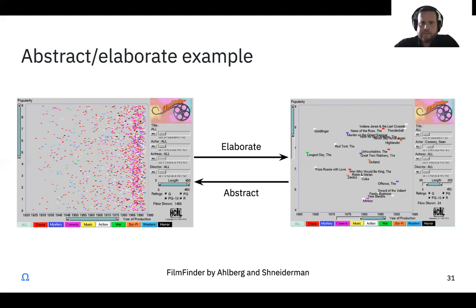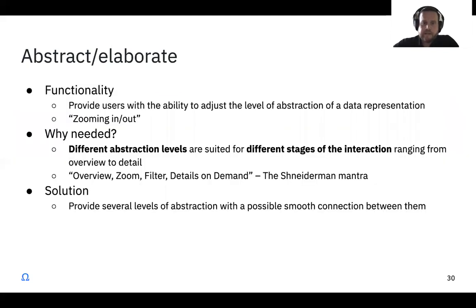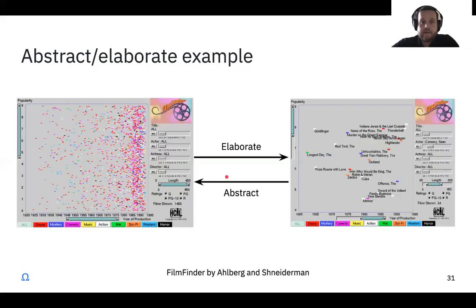So we have talked about abstract, elaborate, and about this nice Schneiderman mantra: overview, zoom, filter, details on demand. And so to honor Ben Schneiderman, I have included this beautiful super 90s visualization as an example.